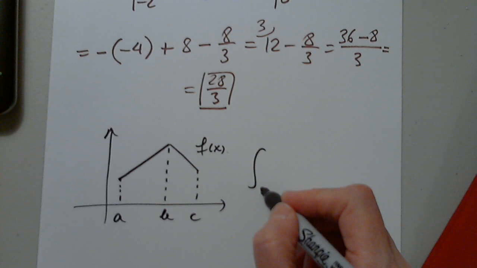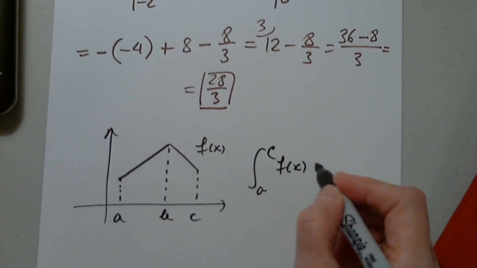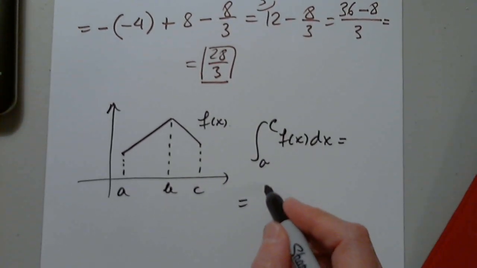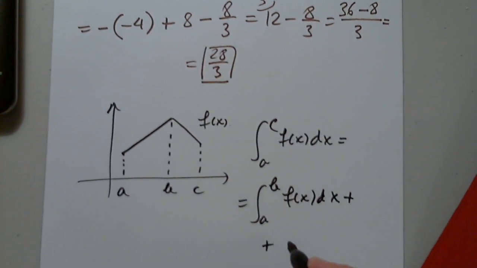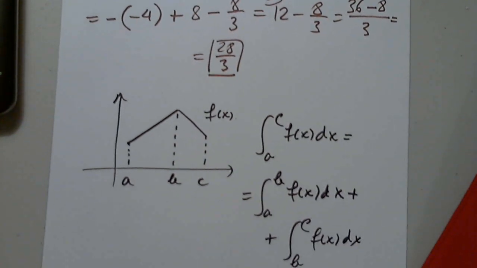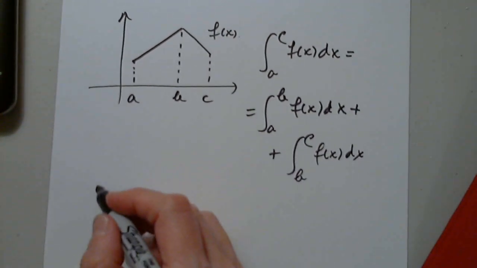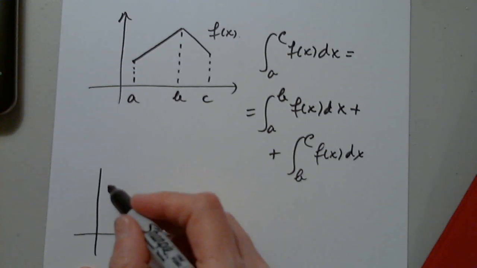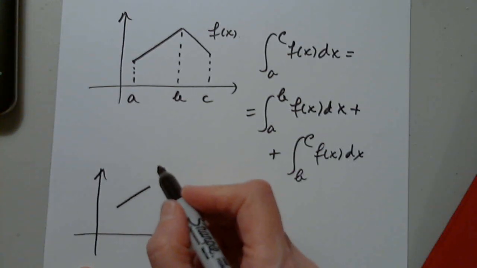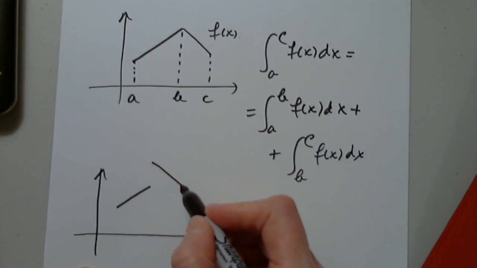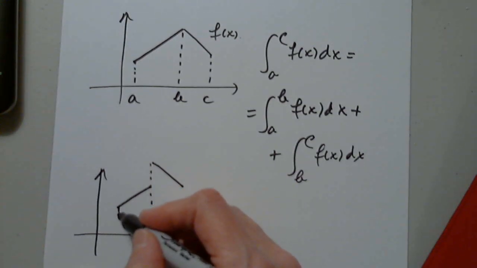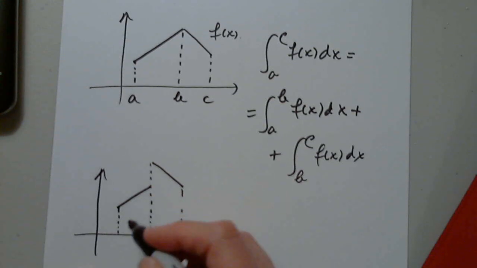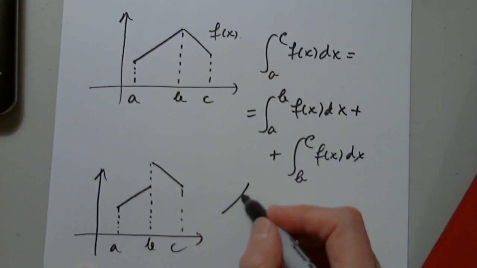So then the integral from a to c of f of x dx will indeed be the integral from a to b of f of x dx plus the integral from b to c of f of x dx. That's one option. What if I have this situation? It's exactly the same.